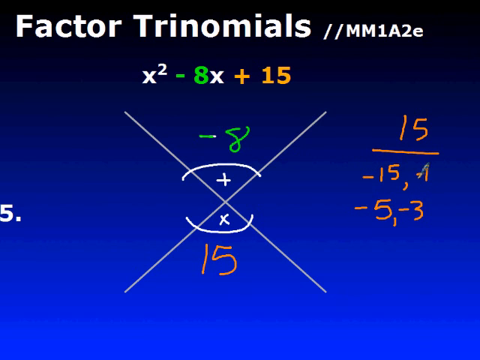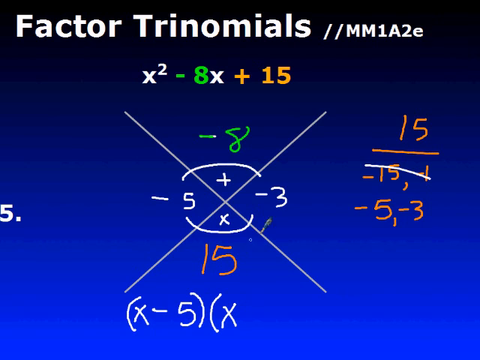So rescanning the list again, negative 15 minus 1, no, that's negative 16. Negative 5 minus 3, yes, negative 5 and negative 3. Your factors are x, bring down the negative sign, minus 5, and x, bring down the negative sign, minus 3.